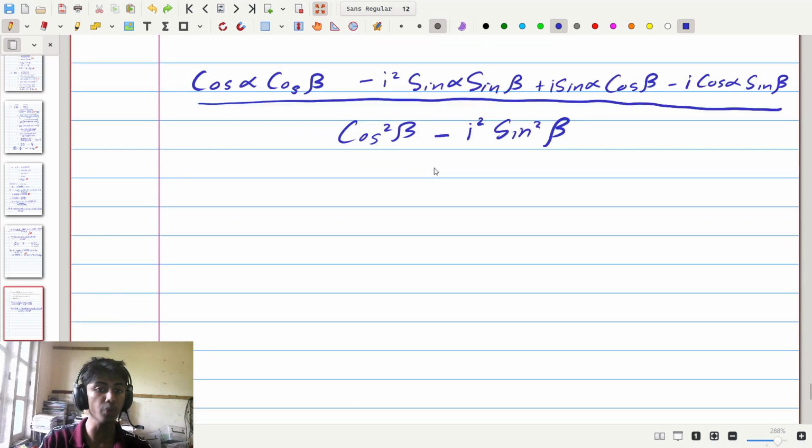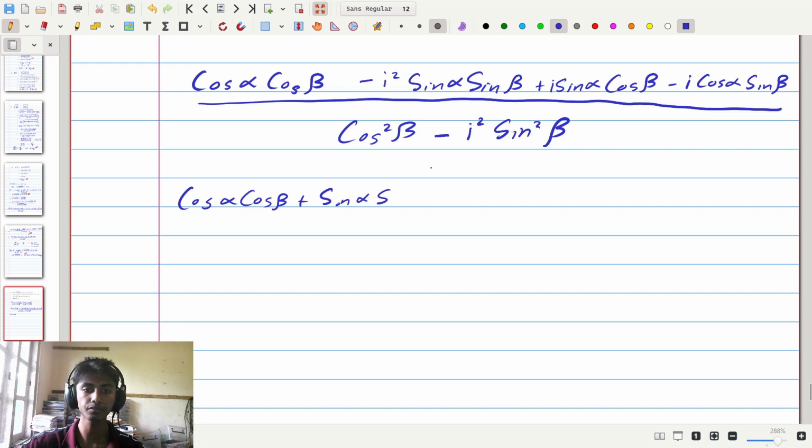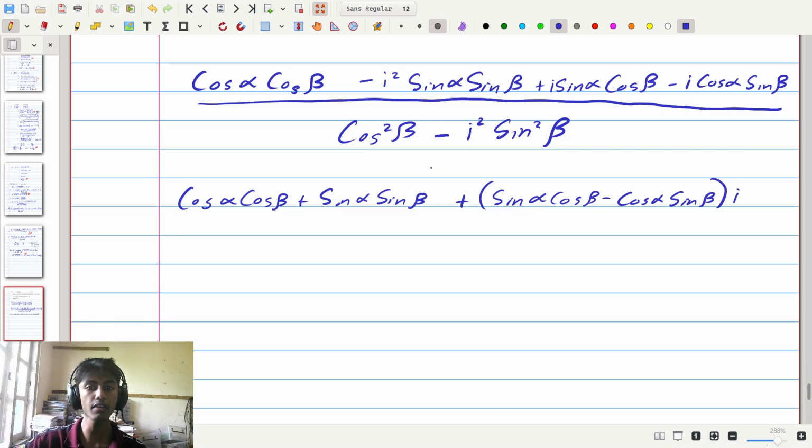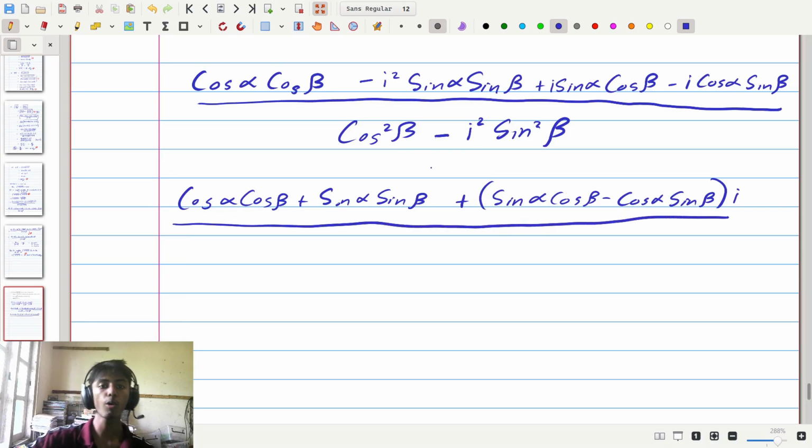If we substitute, on the numerator we get cos alpha cos beta plus sin alpha sin beta, and the other two terms both have i in them, and if I factorize that out, we get plus sin alpha cos beta minus cos alpha sin beta multiplied by i, and then everything is divided by cosine squared beta, and then replacing i squared with minus 1 we get minus 1 times sin squared beta, which is plus sin squared beta. So we have cosine squared beta plus sin squared beta.